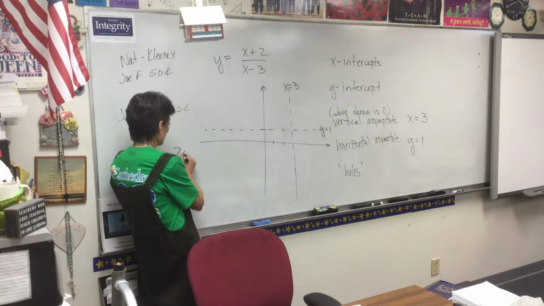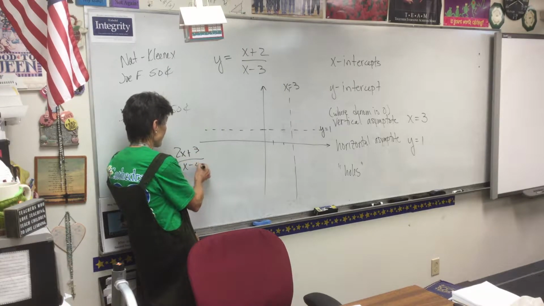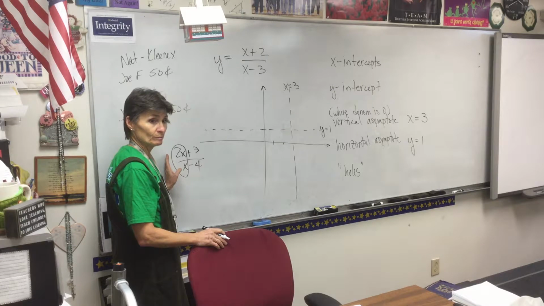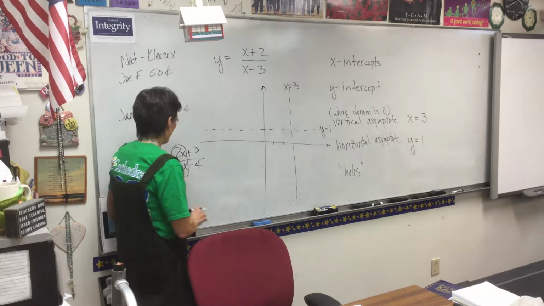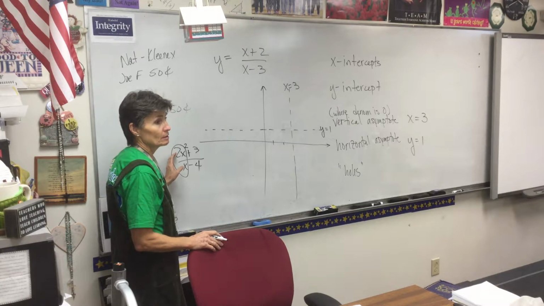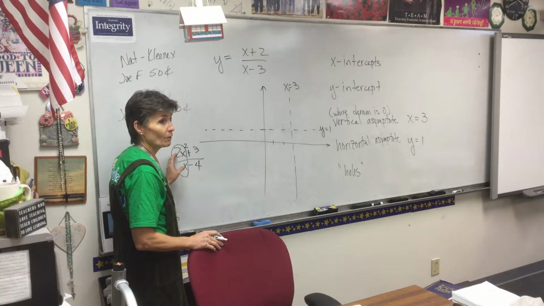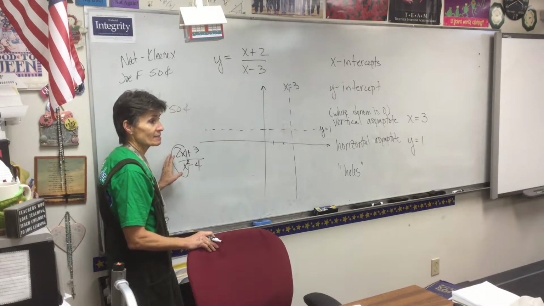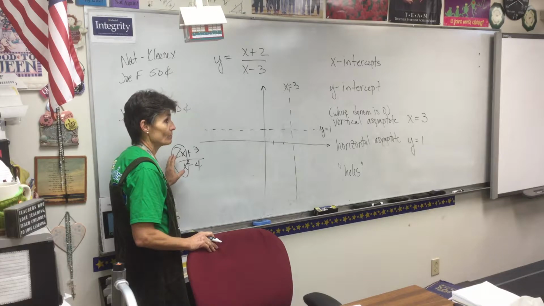If it had been 2x plus 3 over x minus 4, that asymptote would be at 2. What if the power on top were bigger? Uh-oh. No, then there's none. There's no horizontal asymptote if the power on top is bigger. If the power on the bottom is bigger, the asymptote is at 0.